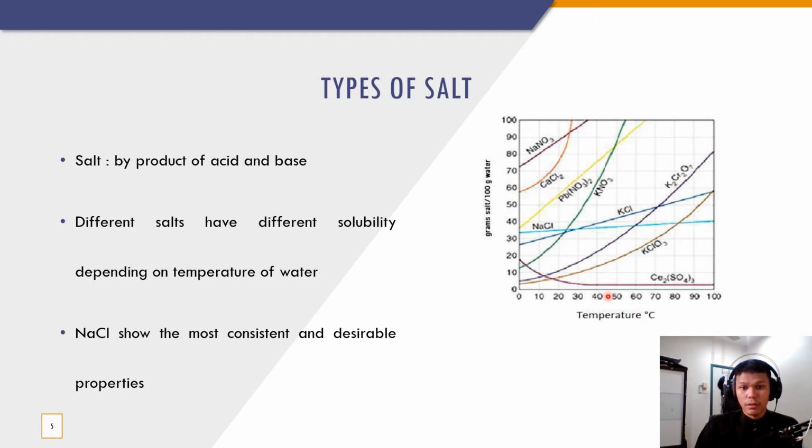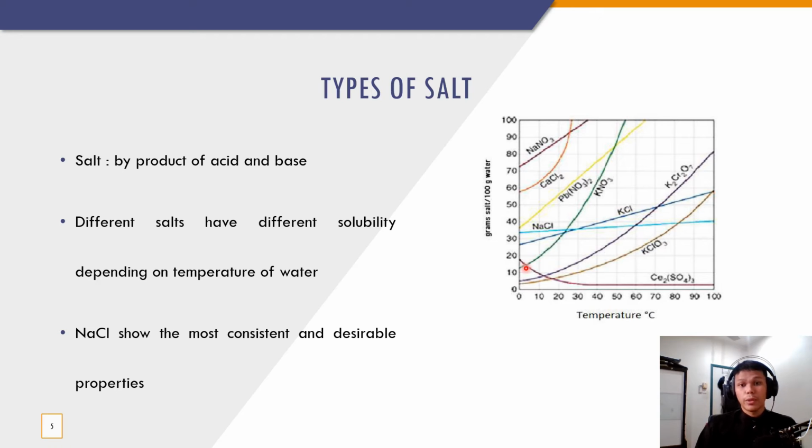The other type of salt, if we were to use, say, potassium chloride, which is this line right here, while it shows an increase in solubility when temperature increases, the changes are very drastic. So if the temperatures do drop, the solubility of the salt will decrease, salt crystals will form, and it will disrupt the fluid domains and the physical properties of water.